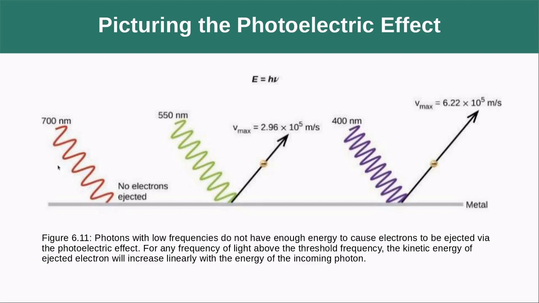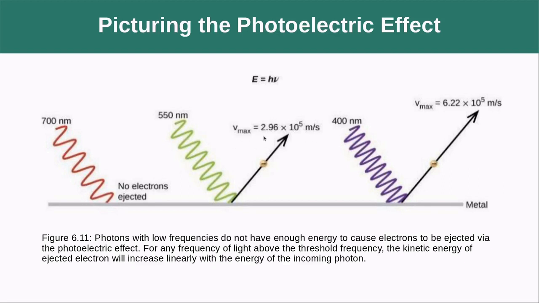So at 700 nanometers, we don't get any electrons off. All of a sudden, we hit some critical value, somewhere around 550 nanometers, and we start to see these electrons getting shot off, and they have their own velocity. And we can measure that.